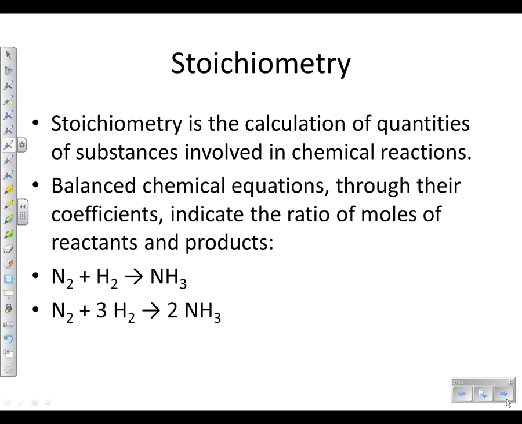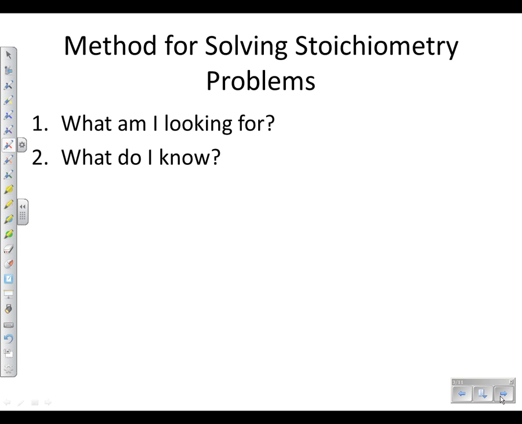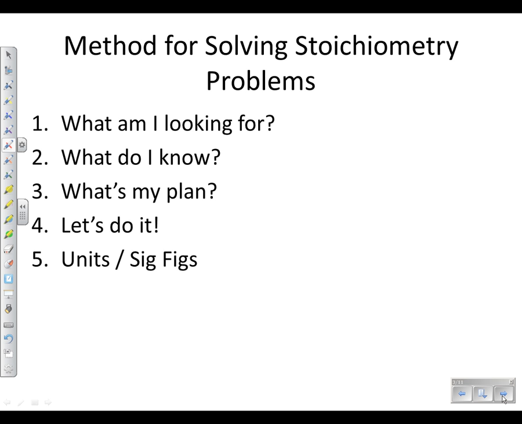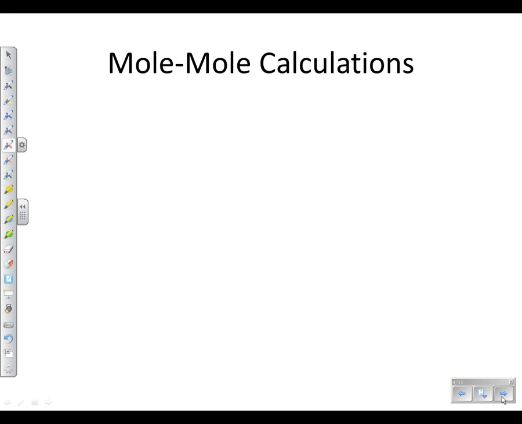All right, let's use that knowledge to now tell us something quantitative about this chemical equation. Let's skip this here. Okay, we are going to start with mole-to-mole calculations because they're the easiest ones. We're going to branch out from there.